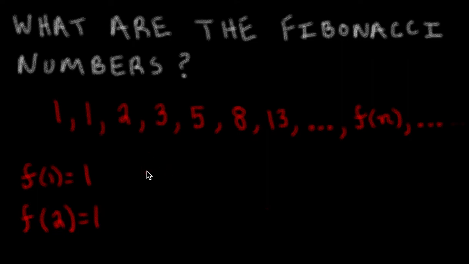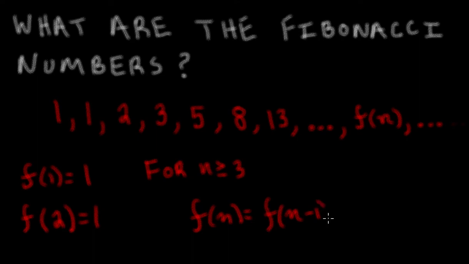But now, for n greater than or equal to 3, we can give a very concise, what's called recursive formula for f of n. So f of n is f of n minus 1, plus f of n minus 2. And this gives a very clear definition of the Fibonacci numbers.